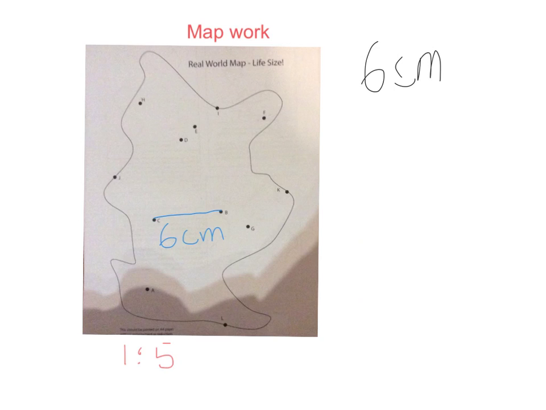Because it's 1 to 5, all we have to do is multiply 6 times 5 to give me 30. So that is 30 centimeters in real life. Very simple.